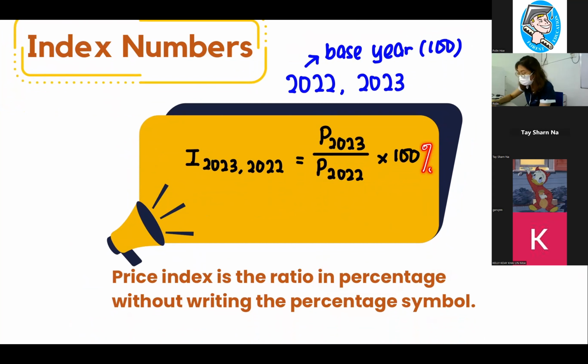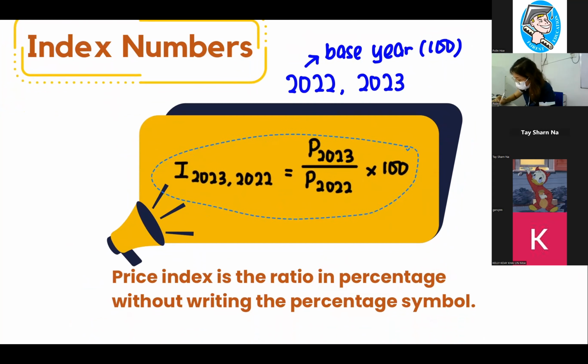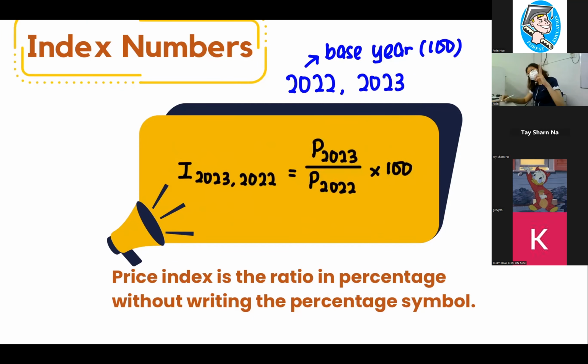Even though we know that multiply by 100%, but we never write the percentage symbol. 这个是我的 first formula, because there are only 2 formulas here in this chapter.